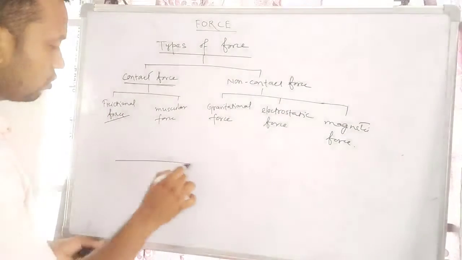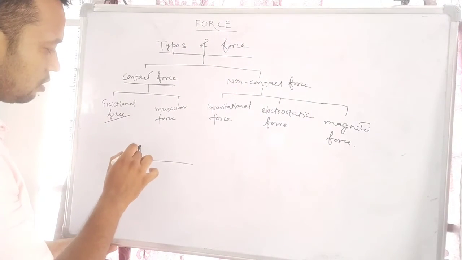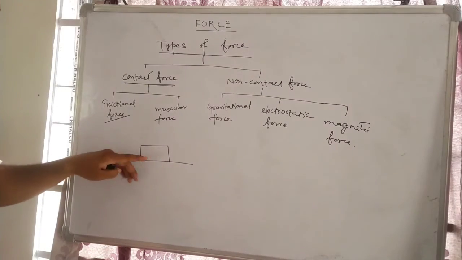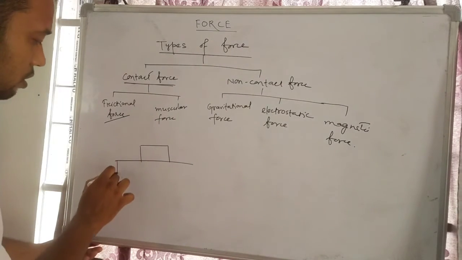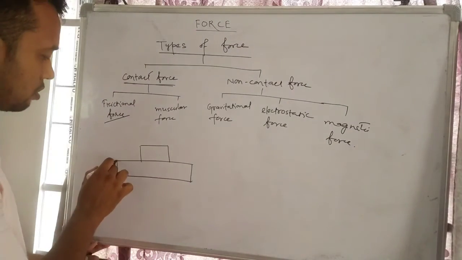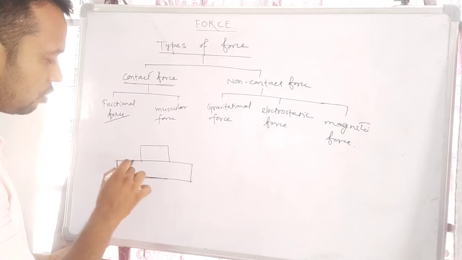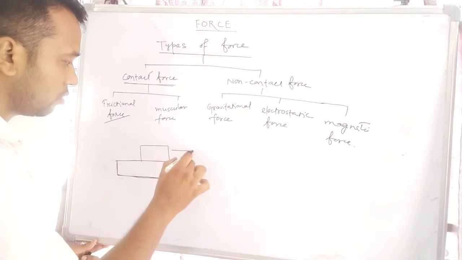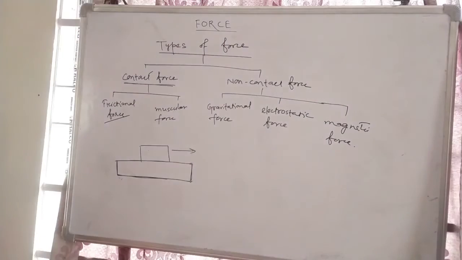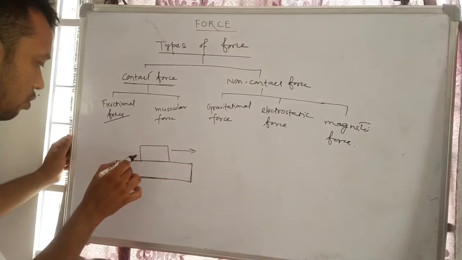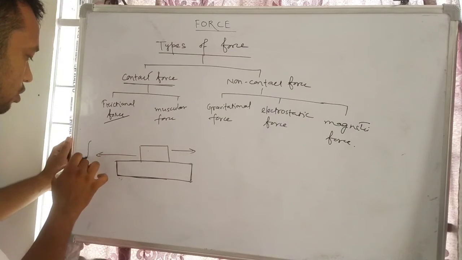Frictional force acts only when a body moves over the surface of another body. Suppose the lower one is a stationary object, and this object moves along this direction. Then frictional force will act in the opposite direction.